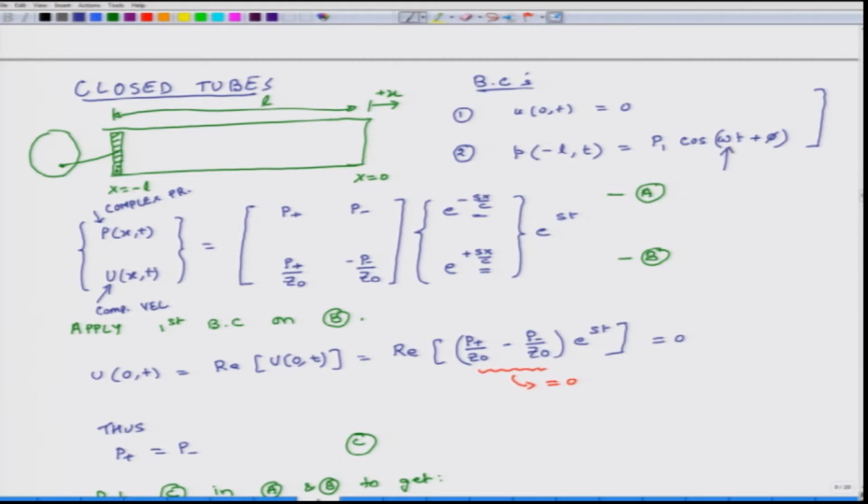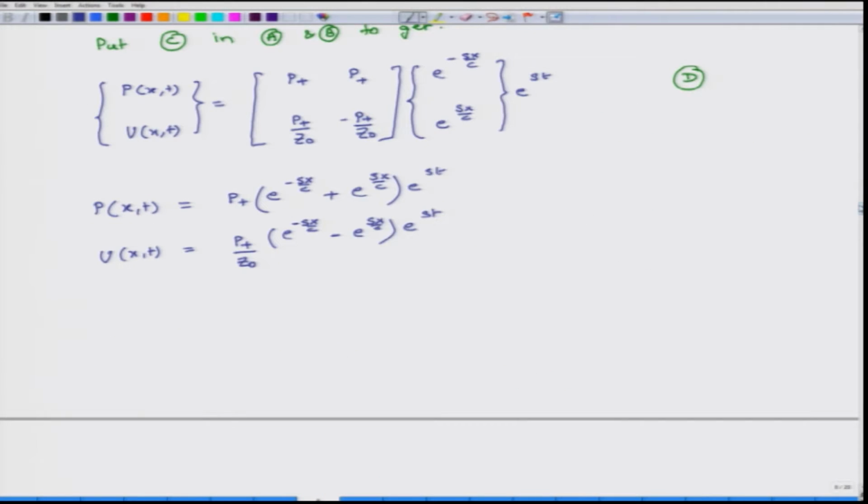Now, we make an observation that at the source the excitation has an angular frequency of omega, and because this is a linear system, it implies that at all positions in the system the steady state solution will be such that the angular frequency of the wave at all positions will be same as omega.